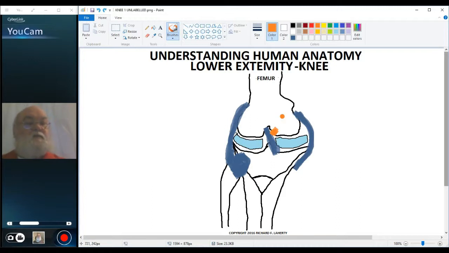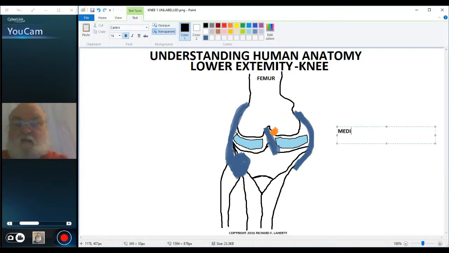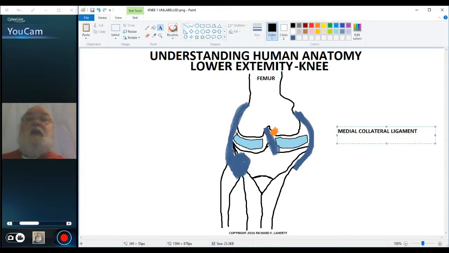So let me add some labels to the diagram. The medial collateral ligament, often abbreviated MCL.